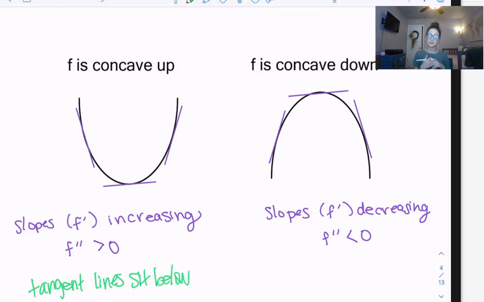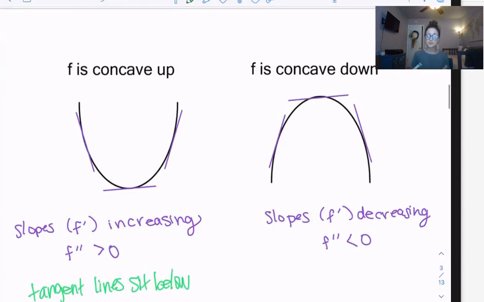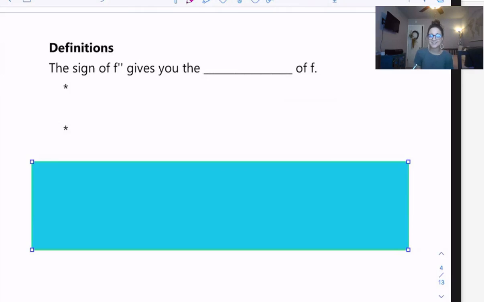Do you see how all the purple lines are sitting above the original black curve? Now, these are all synonyms.